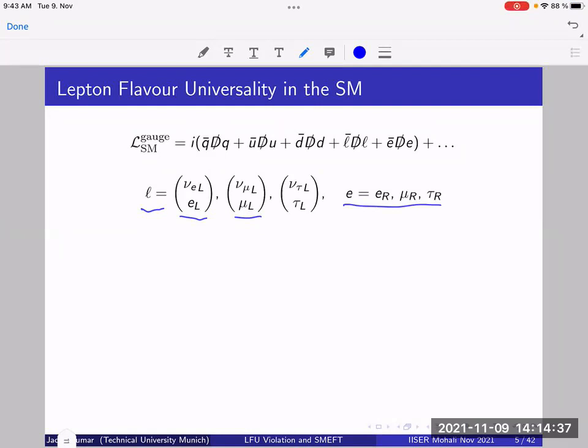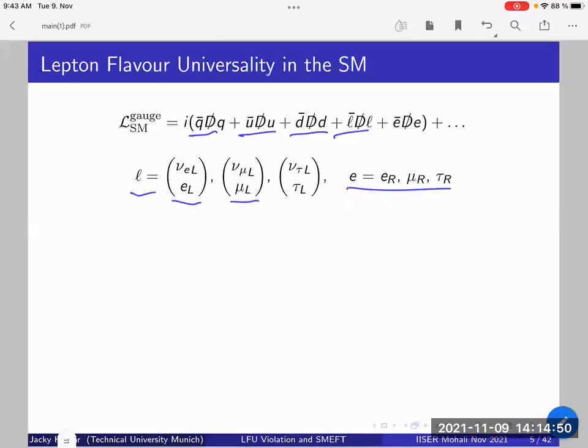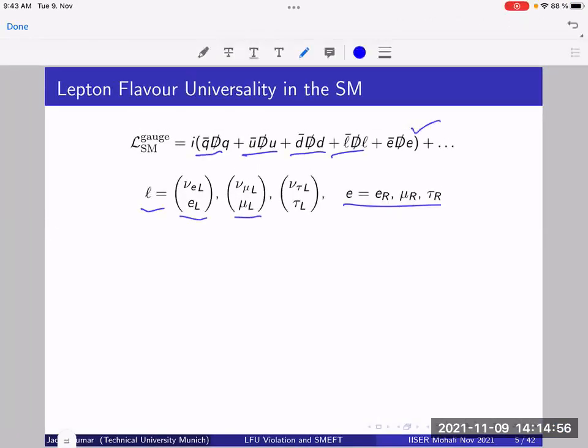This is the gauge sector of the Lagrangian. Here I have suppressed the family index, but for all three families the form of this Lagrangian is completely identical. There is no difference here.